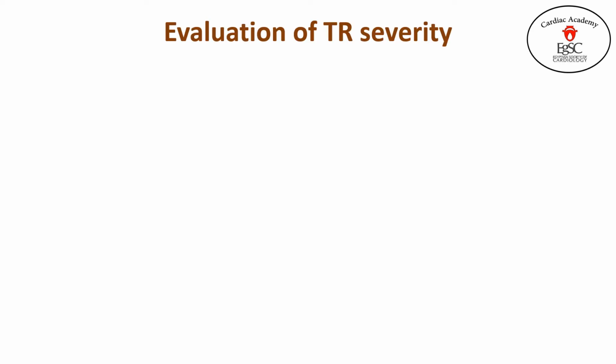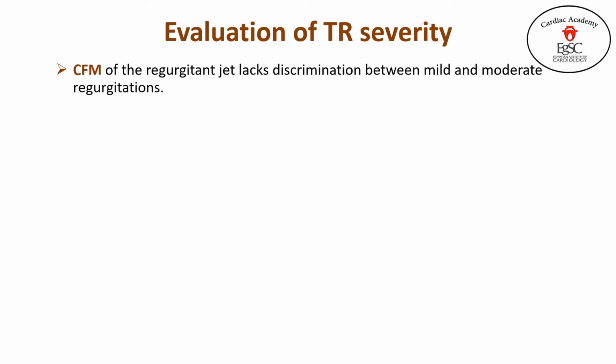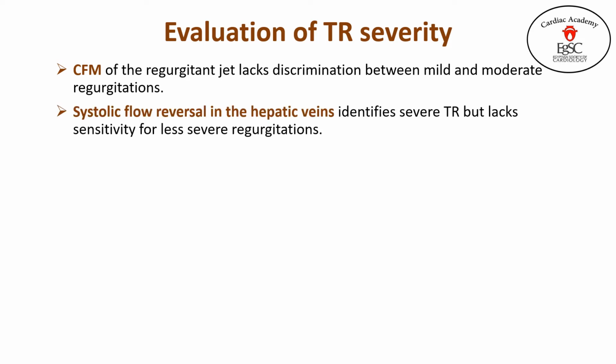Evaluation of tricuspid regurgitation severity. Color flow mapping of the regurgitant jet usually lacks discrimination between mild and moderate regurgitations.